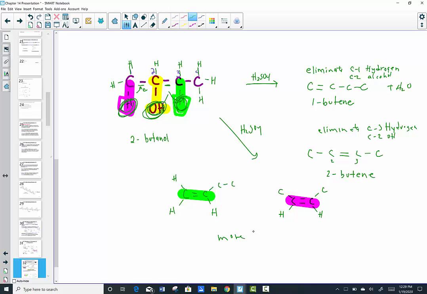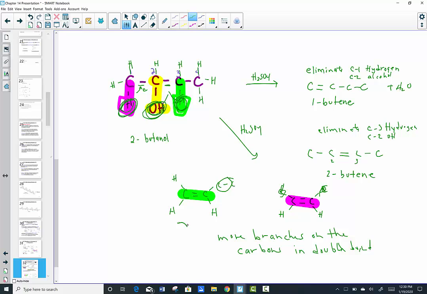You want more branches on the carbons in the double bond. And clearly, after I get that all written out, this has 2 branches coming off, whereas this only has 1 branch.